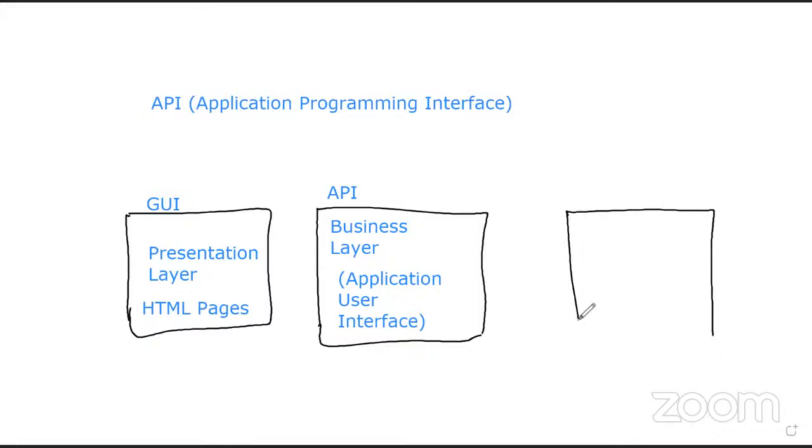But how is the data from the database displayed on the UI? Using these APIs. Whenever you log in, the verification of whether you are a valid user, with the correct username and password, is validated with these APIs.